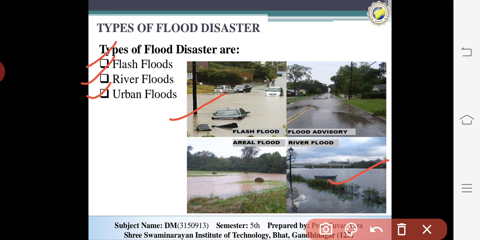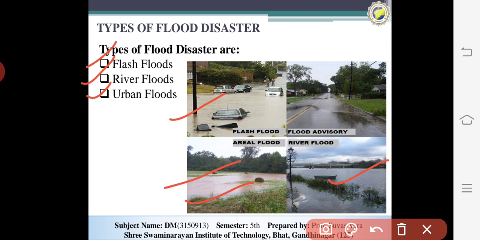Now the next one is the urban flood. When land is covered by agricultural fields and parking lots, it loses its ability to absorb rainfall, and urbanization decreases the ability to absorb water by 2 to 6 times over the natural terrain.